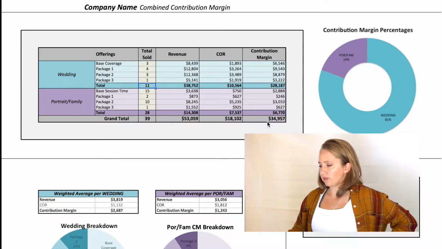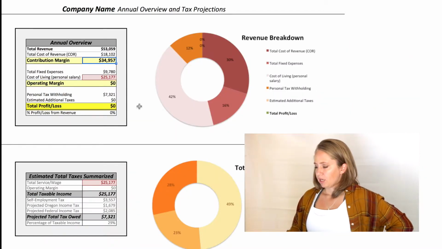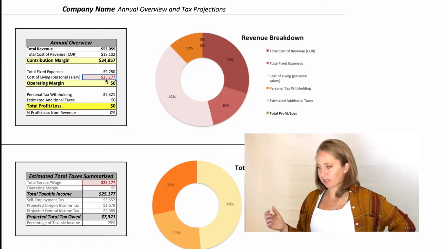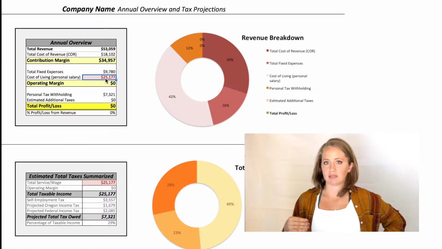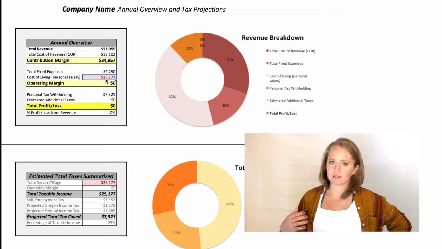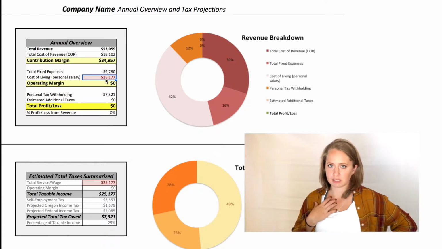So we've gone down quite a bit from $100,000 to $34,000. The cool thing, let me click back to annual, is that before this wasn't red. This was white, just like everything else. It turned red because based off the numbers we put in, we can't pay ourselves the full amount in order to pay ourselves a salary.